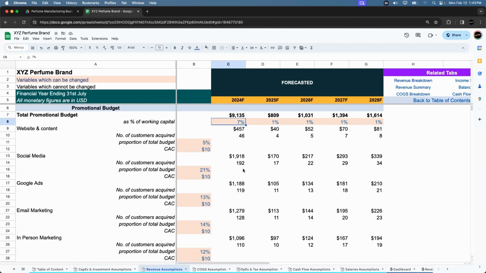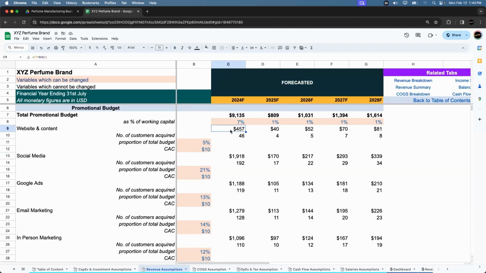That's the whole idea. Now, if you're investing $9,000 on the promotional budget for this business in the first year, and let's say through website and content, you are investing 457. So how did we come up with this 457? Out of this 9135, we multiplied this with 5% and we got this number, $457.